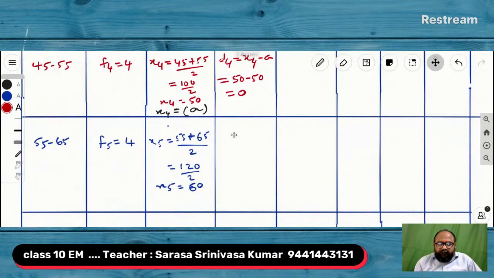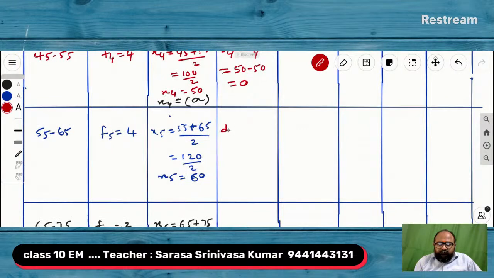Now we find d5. d5 equals x5 minus A. What is x5? It is 60. So this is equal to 60 minus 50. This is equal to 10.